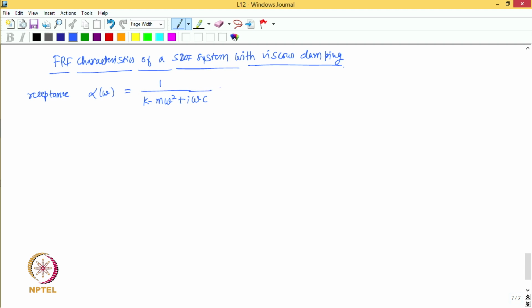If we divide by k in the numerator and denominator, this expression can also be written as 1 by k times 1 over 1 minus (omega upon omega n) whole square plus i 2 zeta omega upon omega n, where zeta is the viscous damping factor.